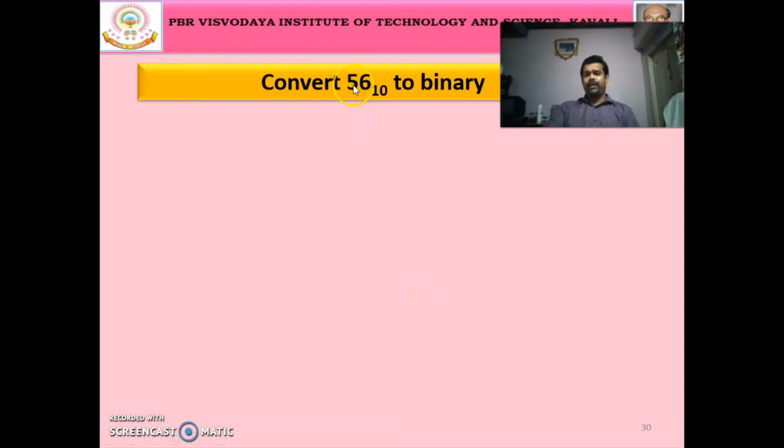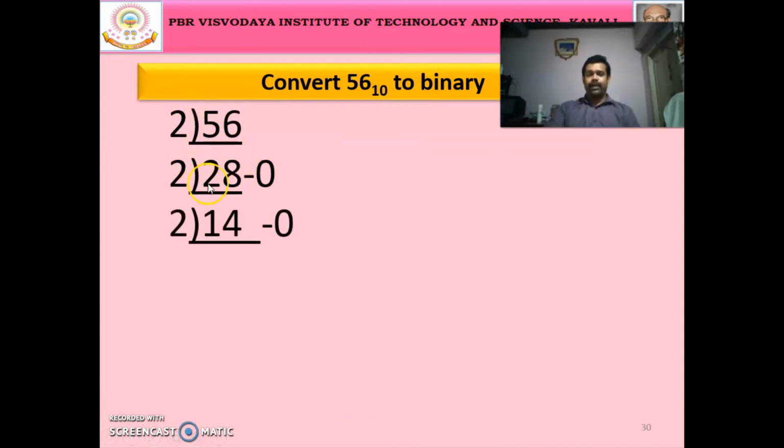problem. We are going to convert 56 to the base 10 to binary. So we are having 56 and we are dividing it by 2. While dividing 56 by 2, we will be getting 28 as a quotient and 0 as a remainder. Again, we will be dividing 28 by 2, we will be getting 14 as the quotient and 0 as the remainder.